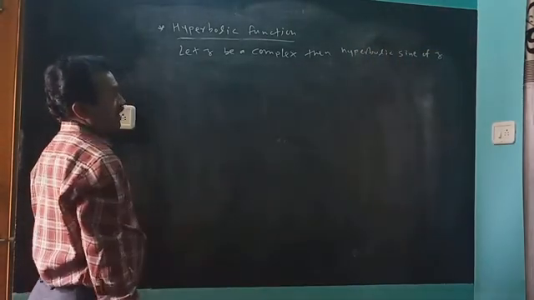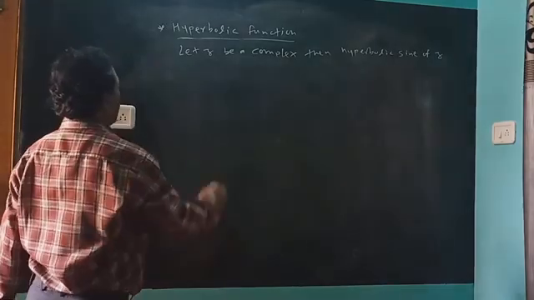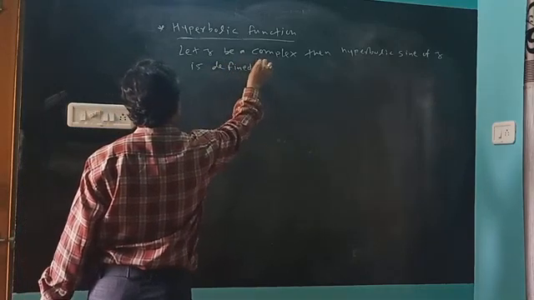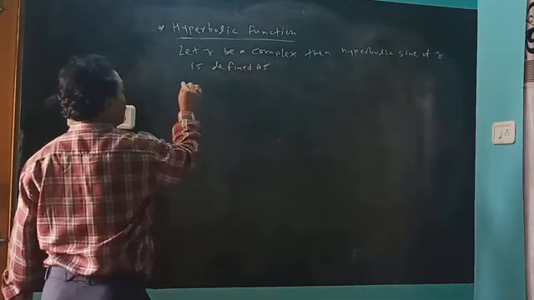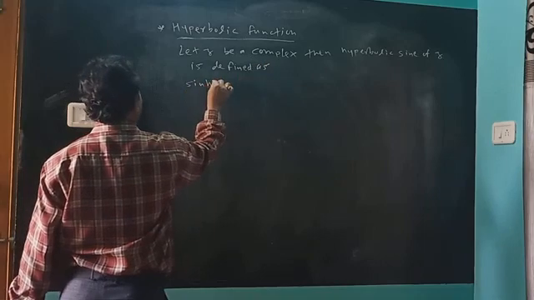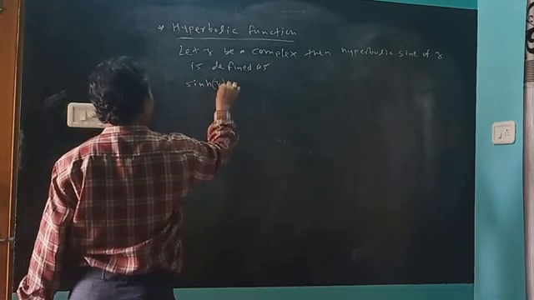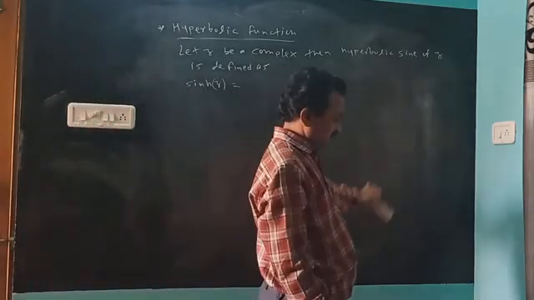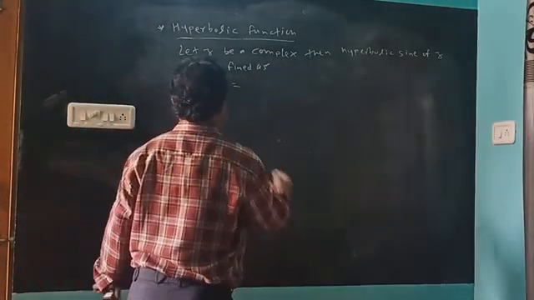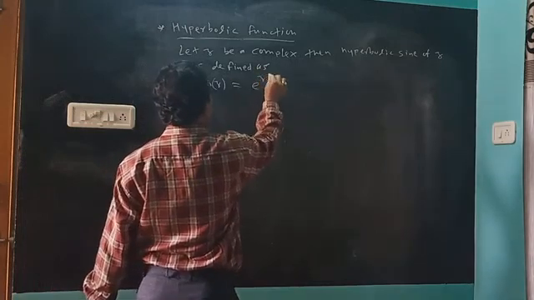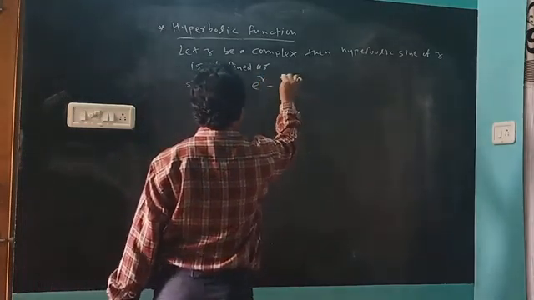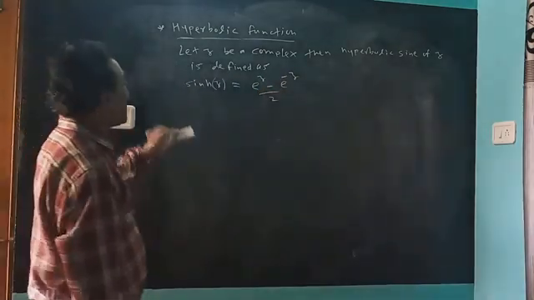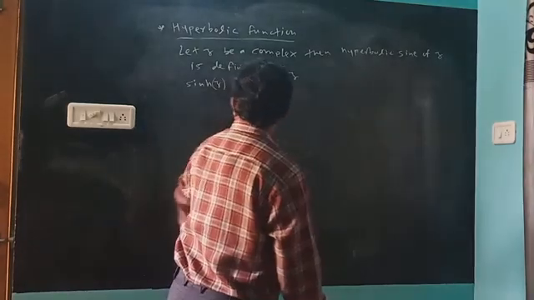Sine of z, you know sine z. And the hyperbolic sine of z is defined as, so sine hz, or you can say sine h of z. Sine z is the circular, trigonometric function. So sine h of z will be e raised to power z minus e raised to power minus z upon 2. Okay. So in the circular function there is an iz, e raised to power iz.